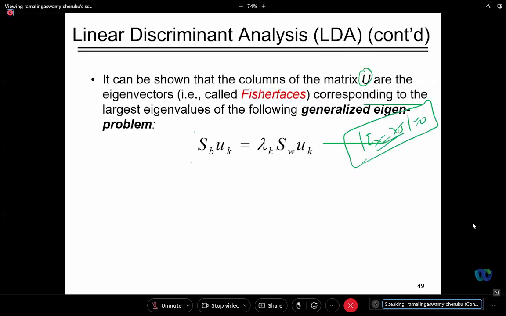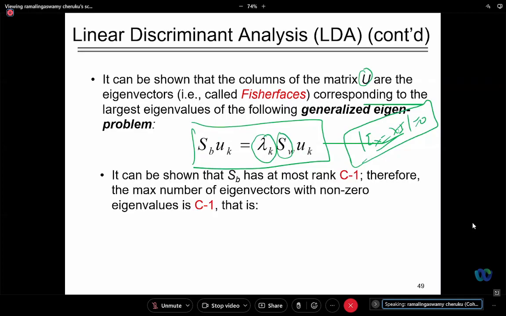Here you have to solve SB mu k equals lambda k into SW mu k, where SB is the between-class scatterness and SW is the within-class scatterness, each multiplied with mu k. What lambda value do you have to multiply so that both sides are equal? Those lambda values are called eigenvalues.